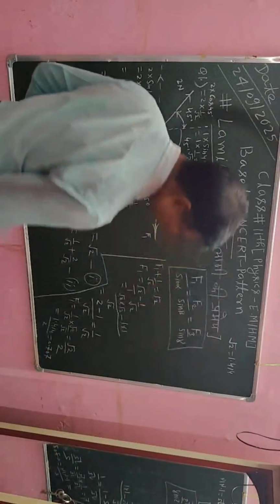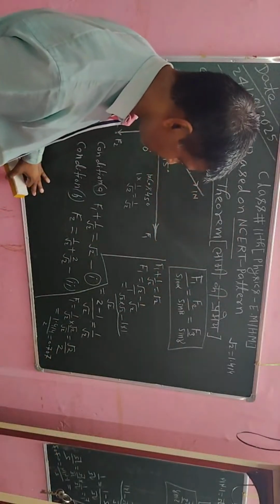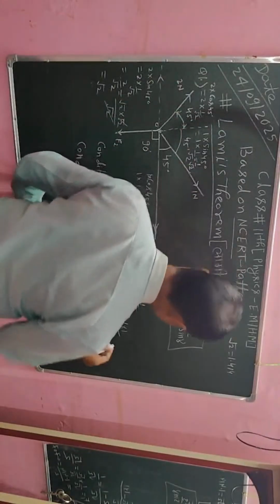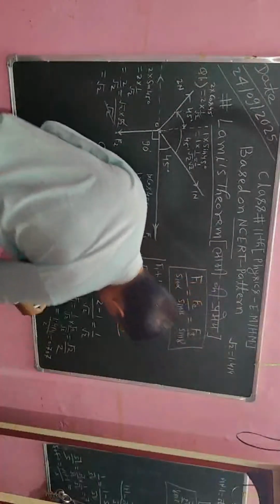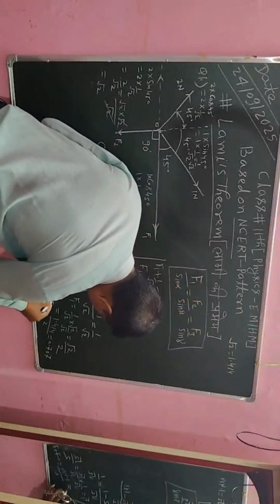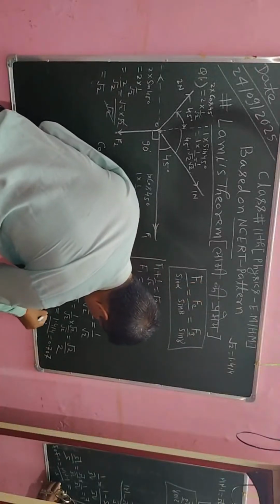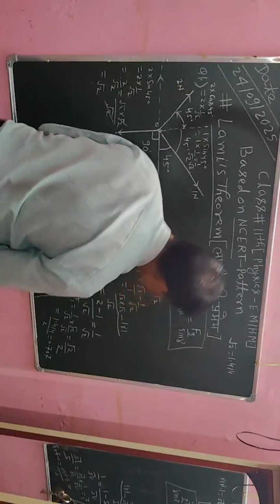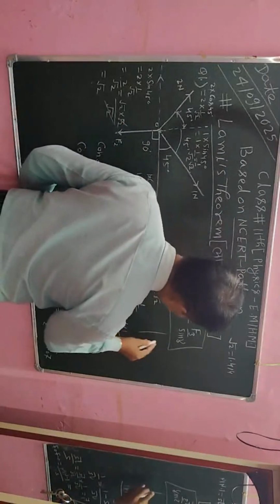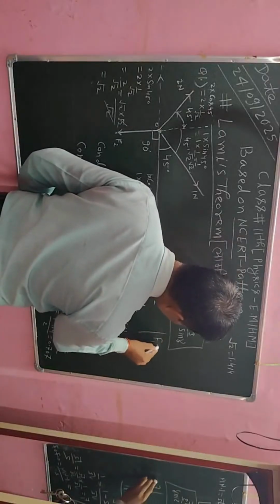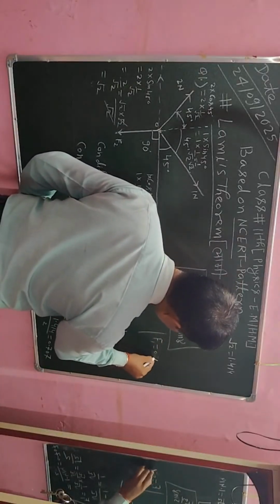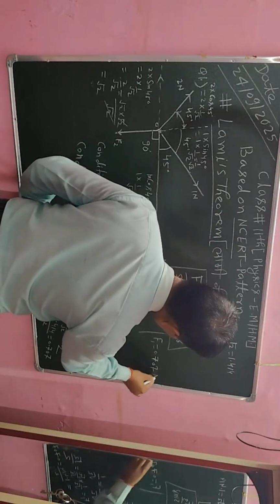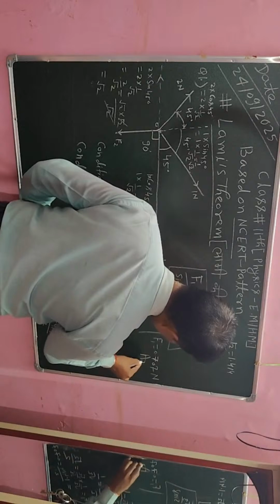So there will be 0.707. So I can write the value of F1. So value of F1 I have got here. F1 is equal to 0.707. Okay, this is the answer.